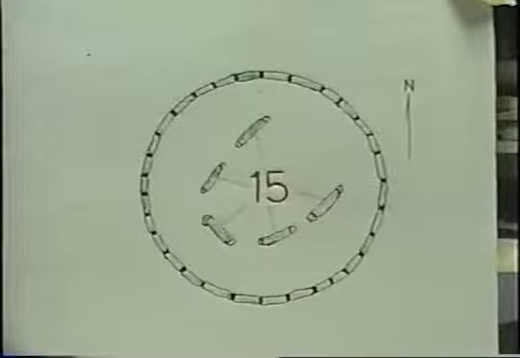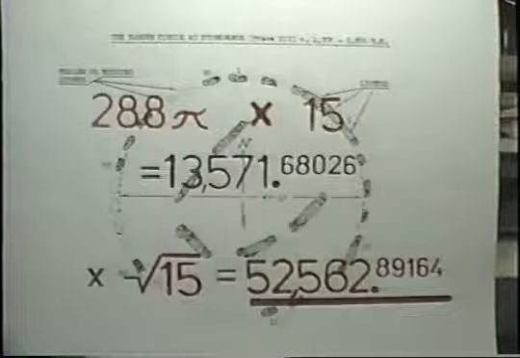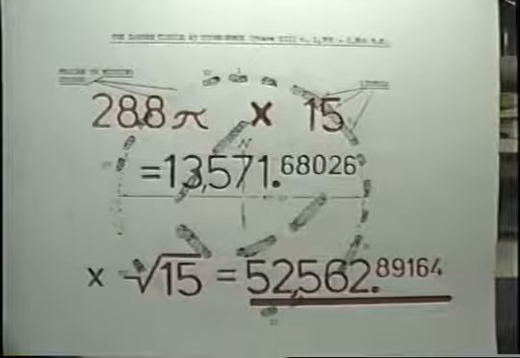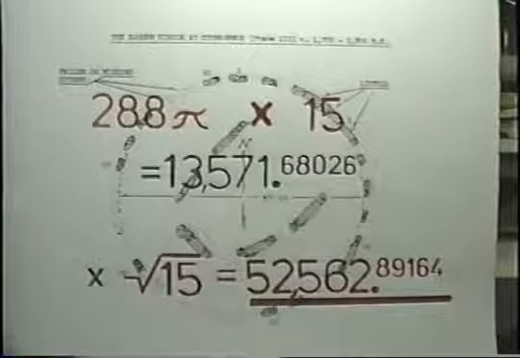So let's take our 288 pi off Phase 1, 15, and the square root of 15 and see what they say. Notice, please, that I am not simply pulling these numbers out of thin air as so many numerologists like to do. I am following their directions.